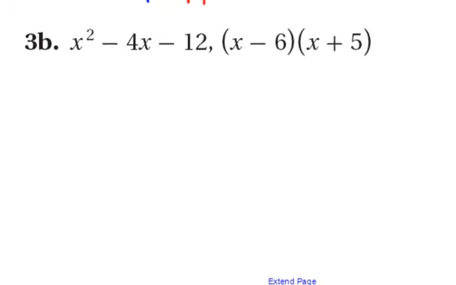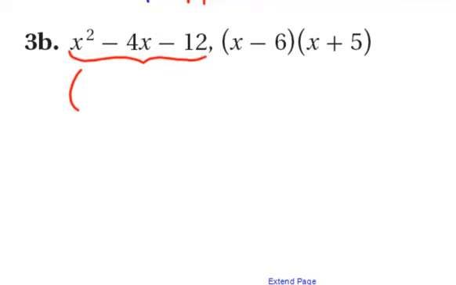So now let's look at 3b. This one's a little more confusing. So the first term that I give you, or the first possible denominator, is x squared minus 4x minus 12. Before we can figure out the multiples of this, we need to factor it. So I want two numbers that add to make negative 4, and those same two numbers have to multiply to make negative 12.